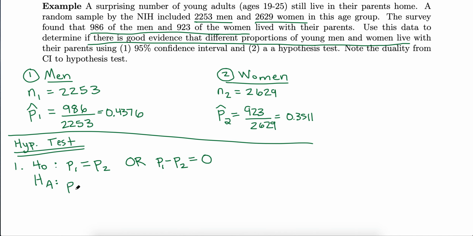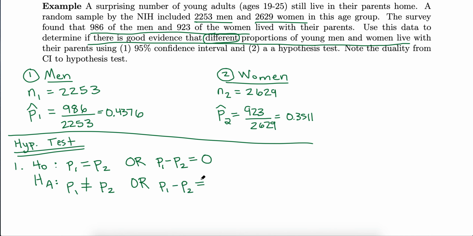Then HA, comparing these two proportions, I don't think they're the same anymore, and my research question here is just to test if the proportions are different. They don't have a theory on who's more or less. So that means my symbol in HA is going to be not equal to. Our other method for writing this is going to be P1 minus P2 is not 0.